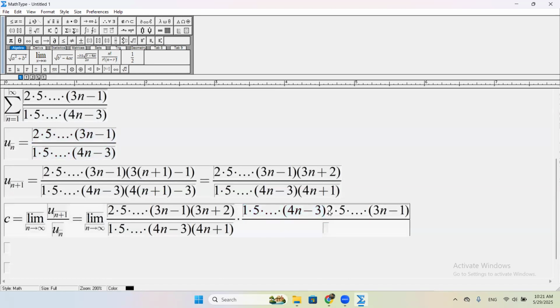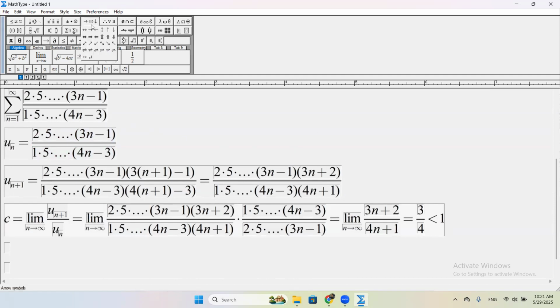So swapping numerator and denominator, we can cancel here. So what will remain? 3n plus 2 over 4n plus 1. And this limit will be equal to 3 over 4, and it is less than 1. So it means that the initial series is convergent.